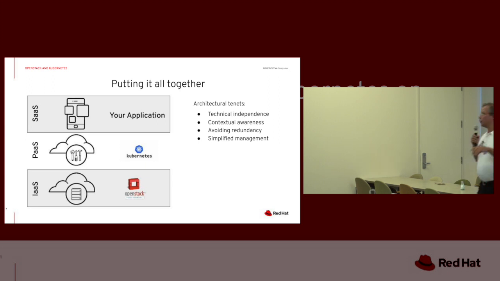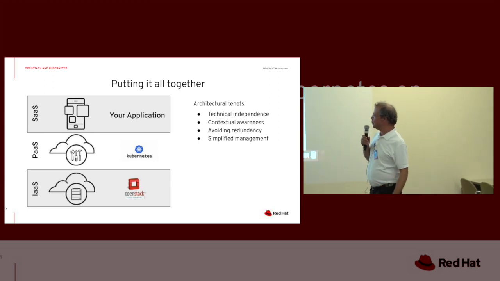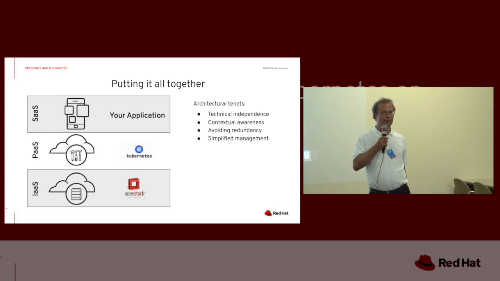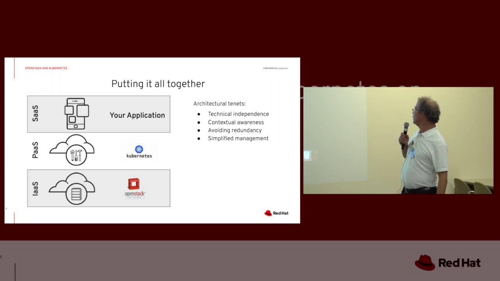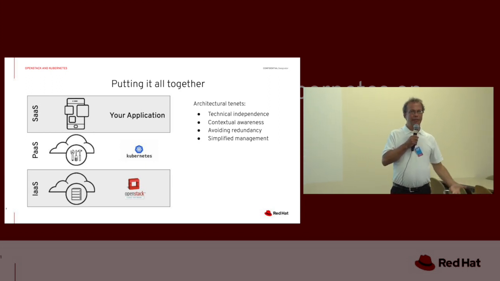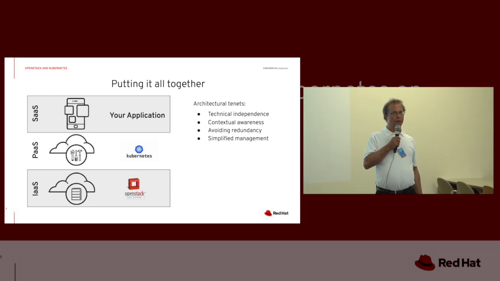So when you put it together, you get a sandwich. You get OpenStack at the bottom, infrastructure as a service, you get Kubernetes on top, and then your application, which can be a SaaS application or as you wish. The management is simplified because OpenStack is doing that automation for you, and Kubernetes can then consume.